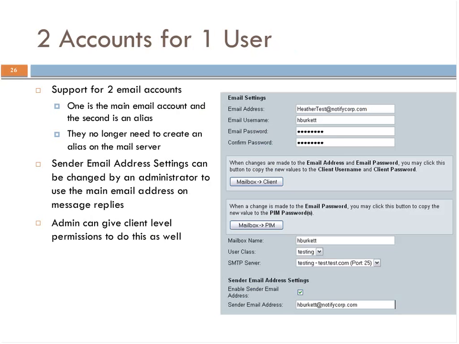We use an alias to do it, but what's cool about it is that if you have both devices provisioned to your account, when you reply from the device that's using an alias email, as you can see in the screen here, we allow you to set the sender email address. So regardless of whether it's your alias or not, the person receiving your email will see it's from your primary email account, so they won't get confused with an alias.